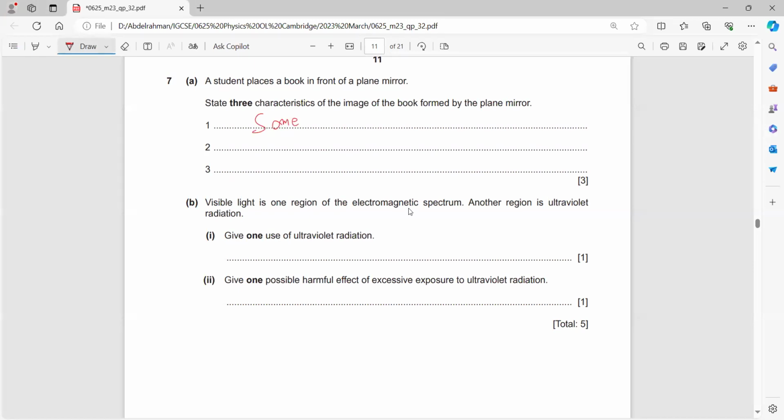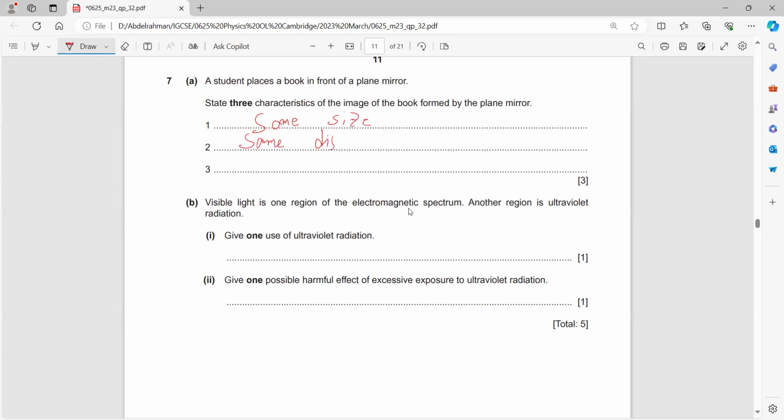You cannot say inverted. You can say laterally inverted, which is not the main property of an image. It is one of the properties of the images in the mirror, but it's not one of the main properties. Same size, same distance.